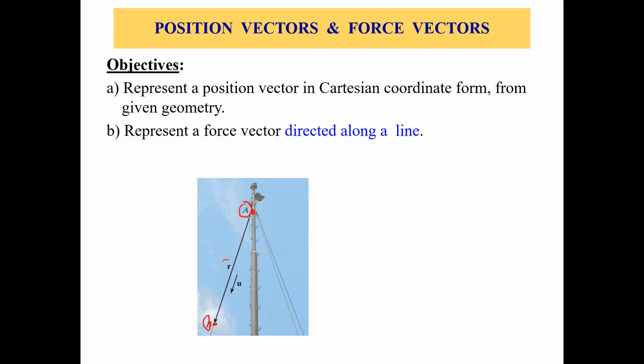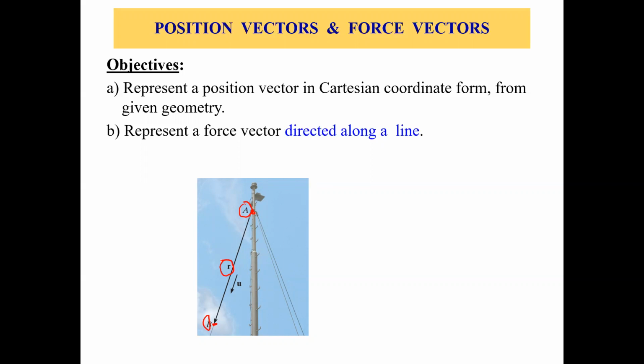Now this small r, we represent the position vector by small r. So this small r gives you the position vector from point A to point B or from point B to point A. If we say RAB, it means the position vector from point A to point B. Or if we write RBA, it means position vector from point B to point A. And just remember that RAB is not equal to RBA.